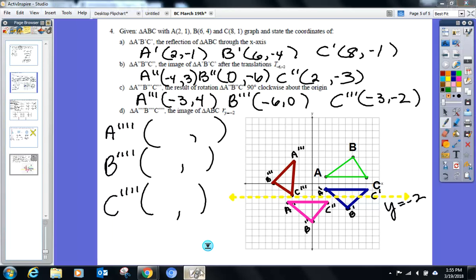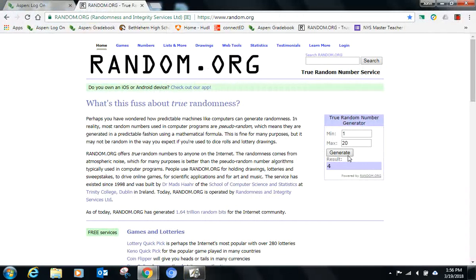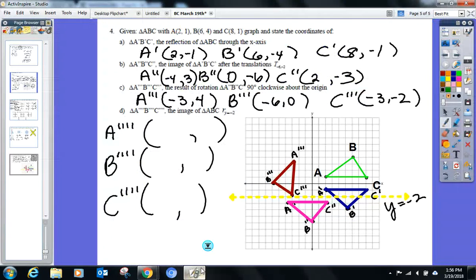The new coordinates. 4. Nice job, Maeve. -1, 4. Make sure you're doing this one right. The original, right?